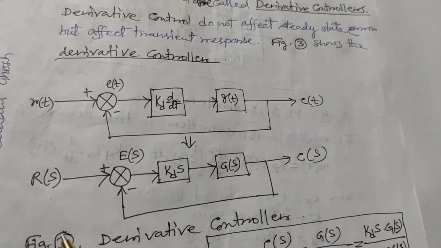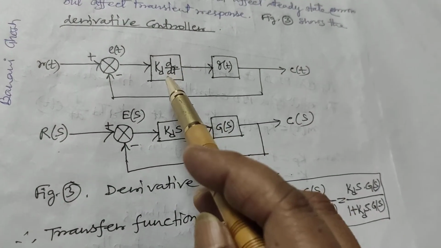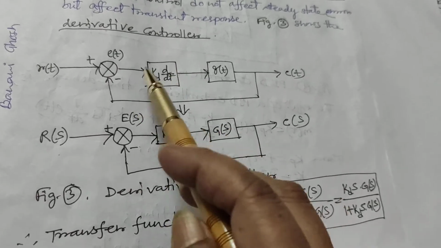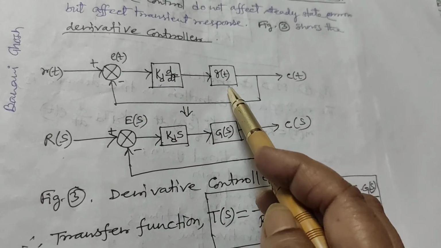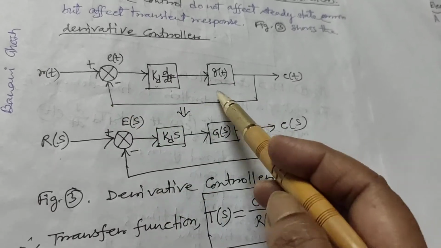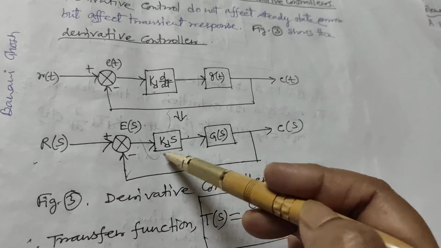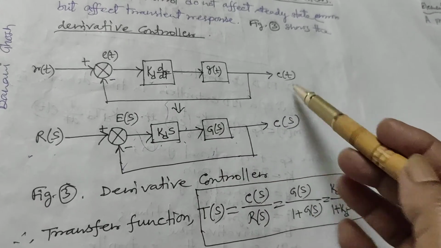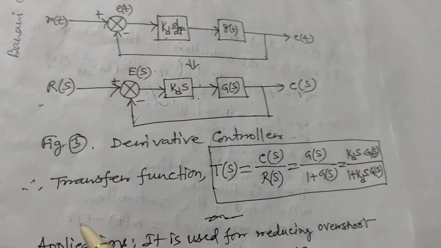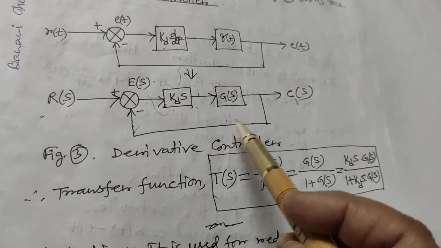Here is the block diagram of the derivative controller. Kd is the gain of the derivative controller, and d/dt is the derivative control action. If we take the Laplace transform of this block diagram, d/dt becomes s, so we get Kd s, g(t) becomes G(s), and c(t) becomes C(s). From the figure, T(s) = C(s)/R(s) = G(s)/(1 + G(s)), with unity feedback.